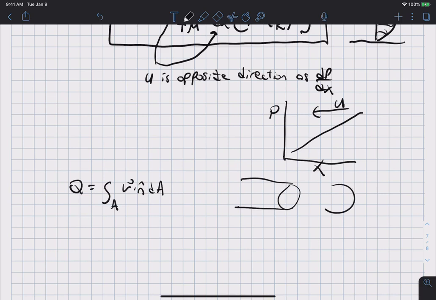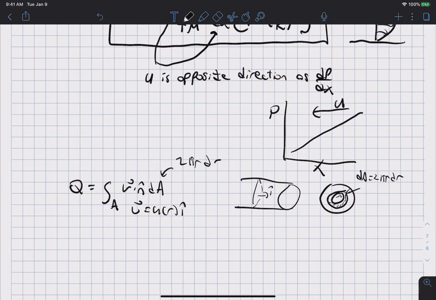Our differential area is a ring, because we're assuming the flow is axisymmetric, which it is, where dA for the differential element equals 2 pi r dr. We're just doing a fictitious plane here. n hat points in the x direction, and v equals u of r times i hat.